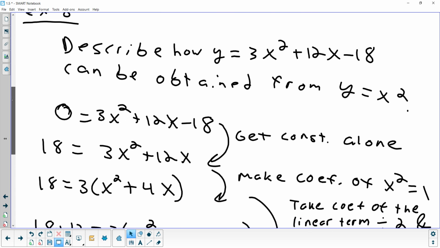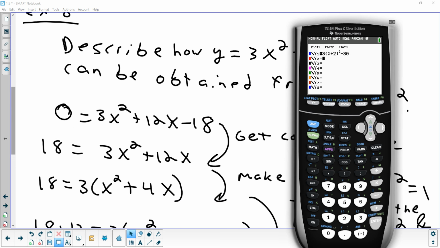What was it? 3x squared plus 12x minus 18. If I did this right, these two graphs should look exactly the same. If they look different, then we messed something up. These should be exactly the same problem, just rewritten in a friendlier way to see the transformations.